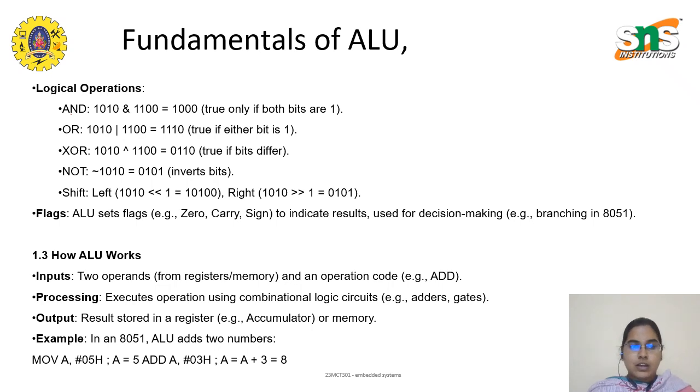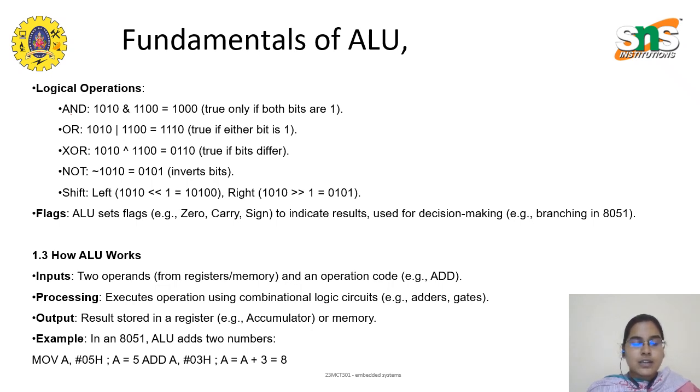And in the ALU, we have flags like the zero flag, carry flag, and sign flag to indicate the results, used for decision making. Let us discuss how the ALU works. We can state it as three stages: input, processing, and output. In input, we have two operands from either registers or memory, and an operation code, for example add.